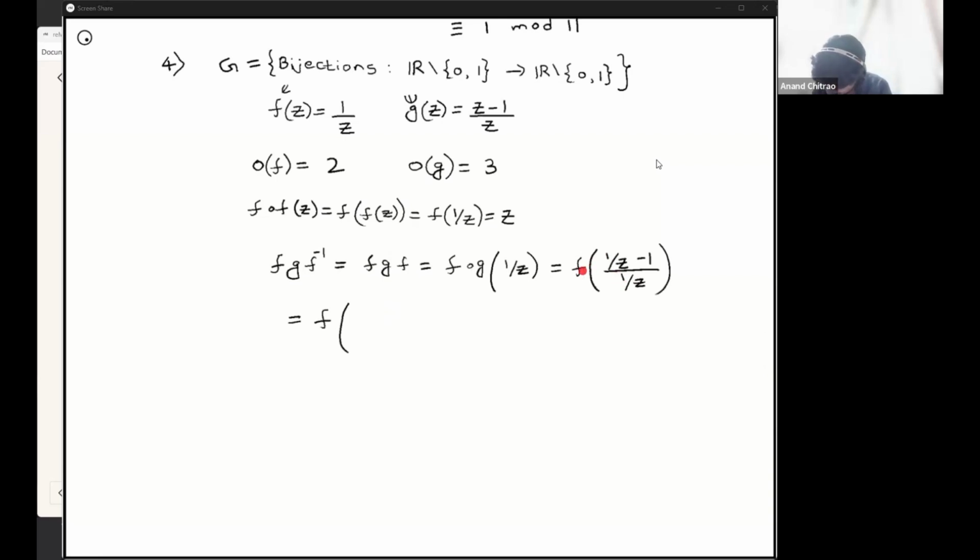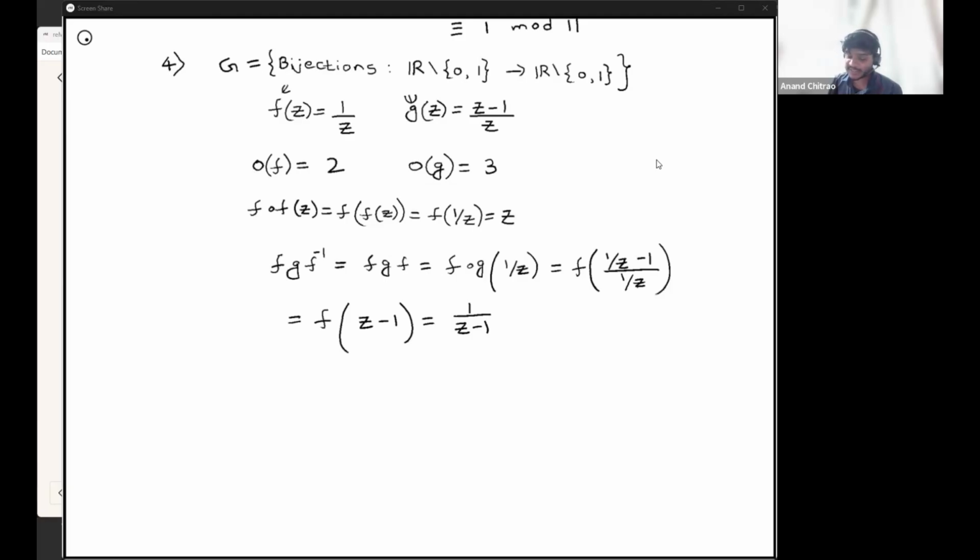Did I do this correctly? And F applied to Z minus 1 is 1 upon Z minus 1.